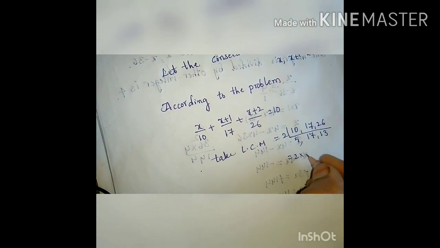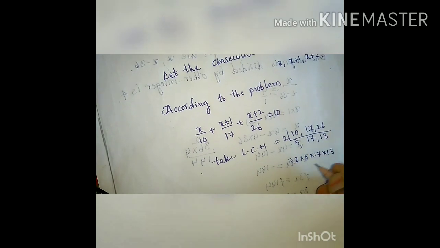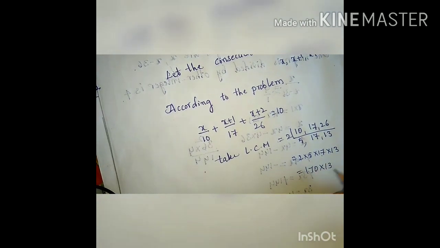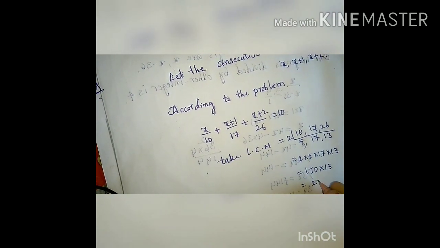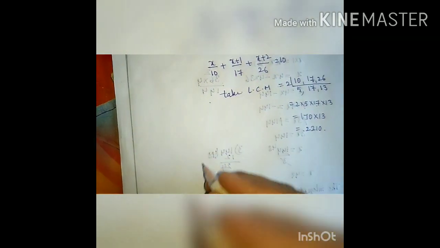So 2 into 5 into 17 into 13. 2 fives are 10, 10 17s are 170, 170 into 13 is 2210.